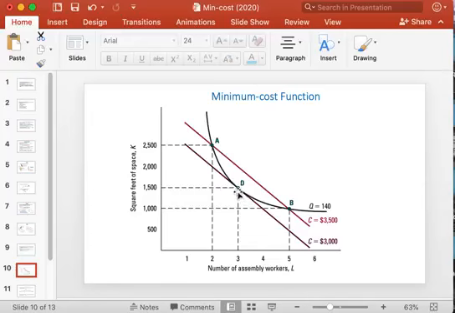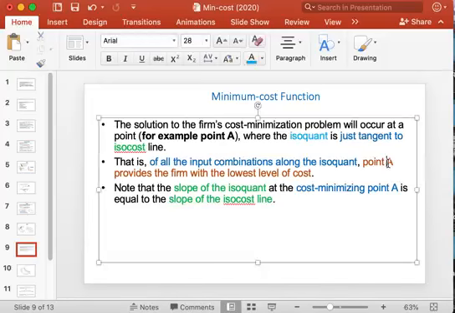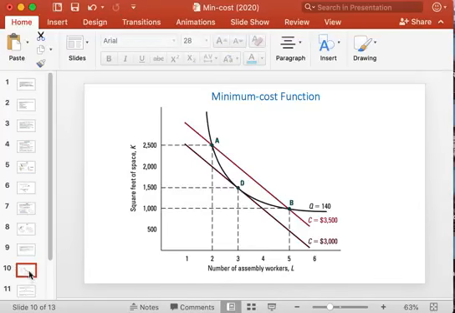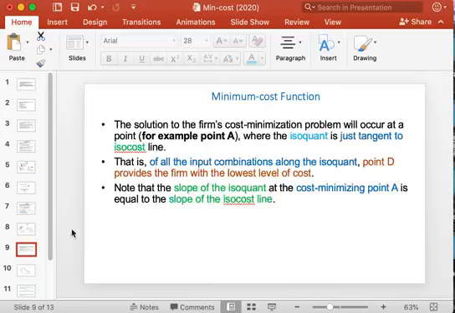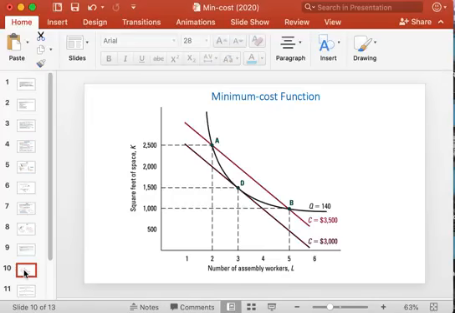I had typed it wrongly, so this is point D. For this example, point D provides the firm with the lowest cost.